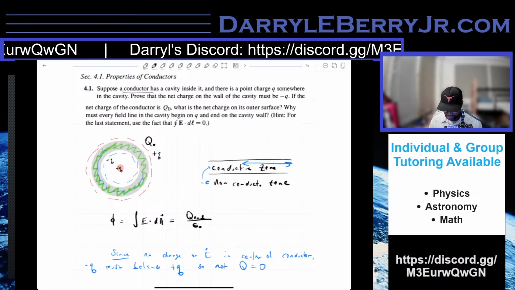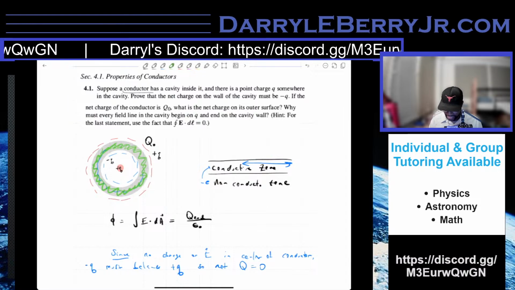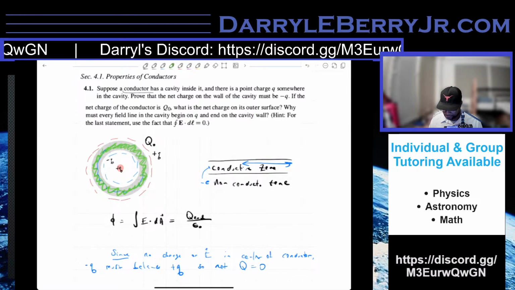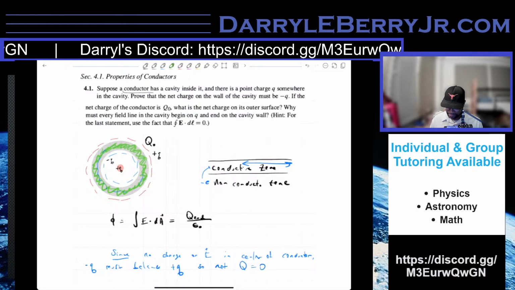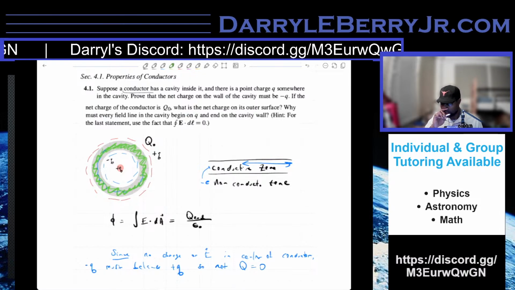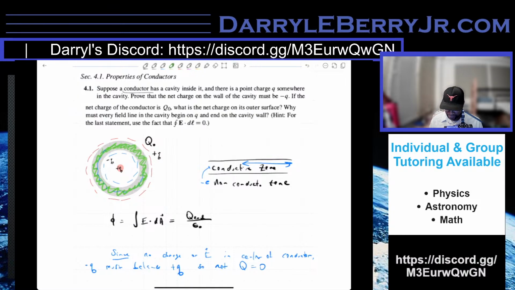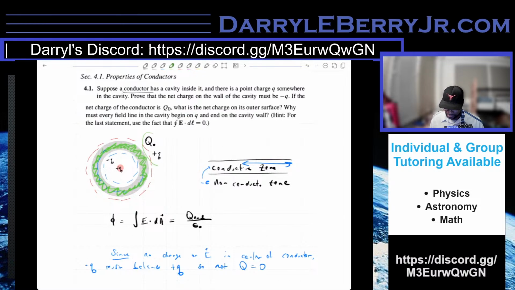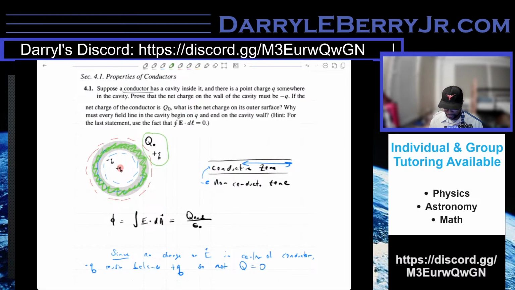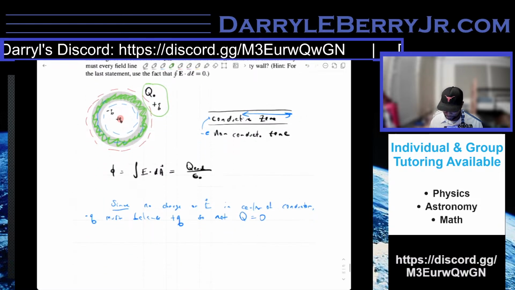Since there cannot be an electric field in the middle of an actual conductor, if there's a net charge of Q naught, it must be on the outside. Which means that if we did add a Q, it'll end up being negative Q on the inside, and plus Q and Q naught on the outside if we add an additional charge of plus Q.